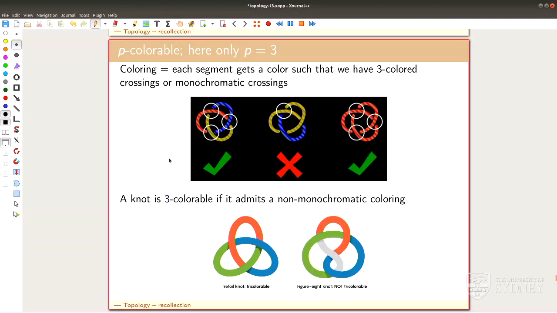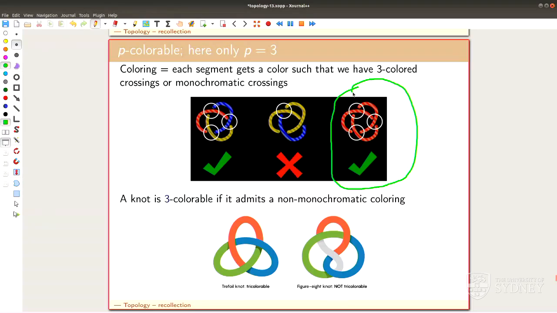Okay, when we had this notion of 3-colorability, and more general, the 3-colorability is usually easy to see that it works or not by just trying it. The higher ones are a bit trickier, so you would like to use the determinant most of the time. Sometimes you can eyeball it. There's one tricky thing which I should stress here. The monochromatic coloring is always a coloring.